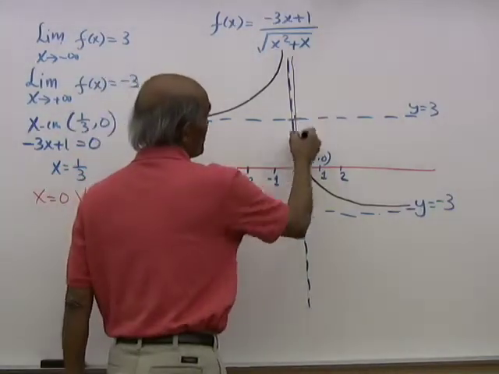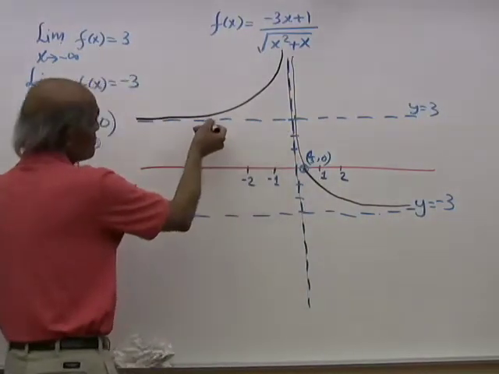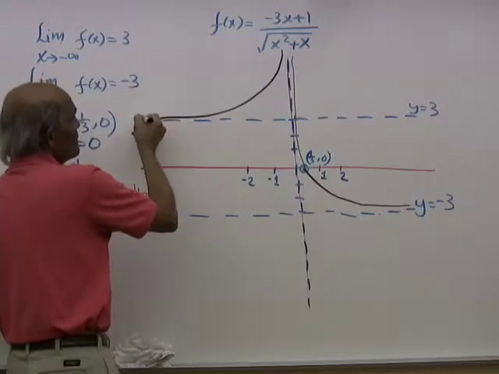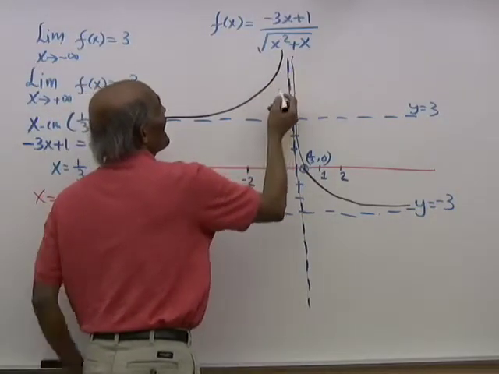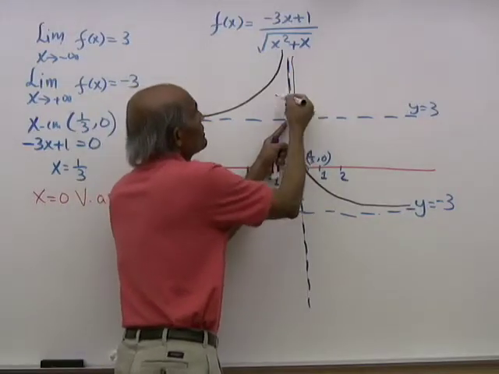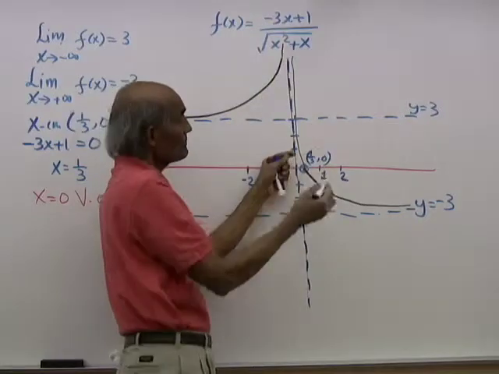Well, so this is the graph of the function. As x goes to negative infinity, the function is close to y equal to 3, and as it gets closer and closer to x equal to 0, the function value goes to positive infinity.